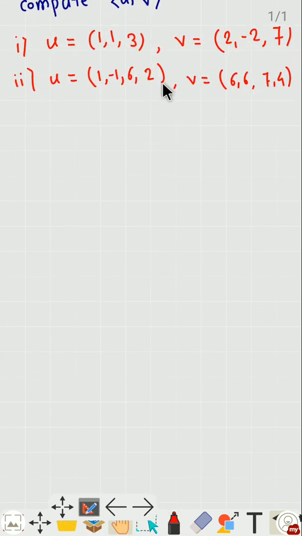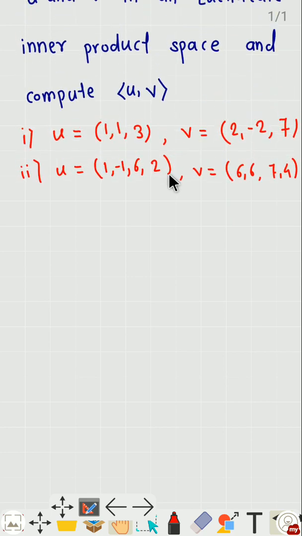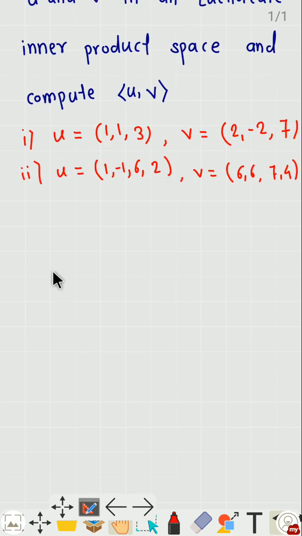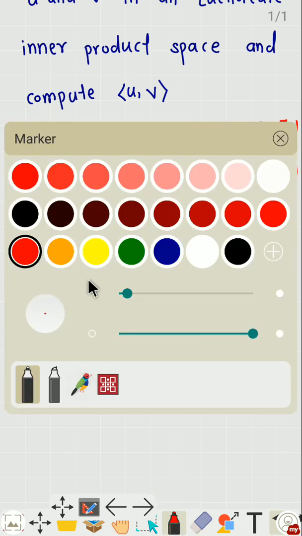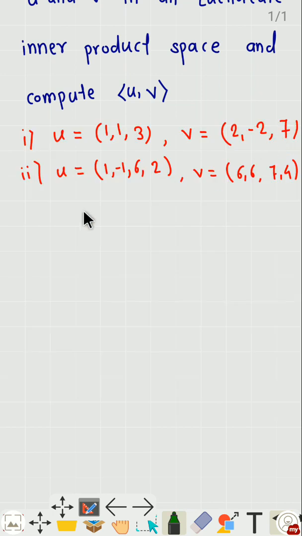Okay, and we have to compute the inner product of these vectors. Let us write the answer.